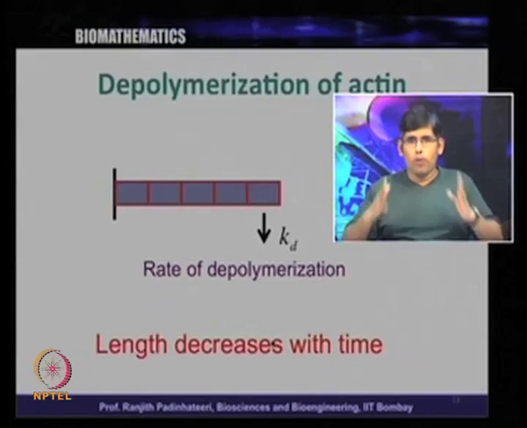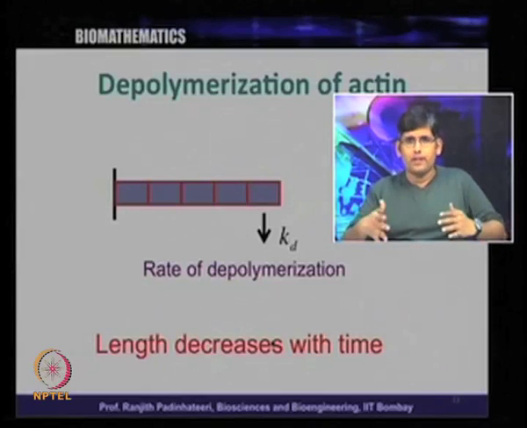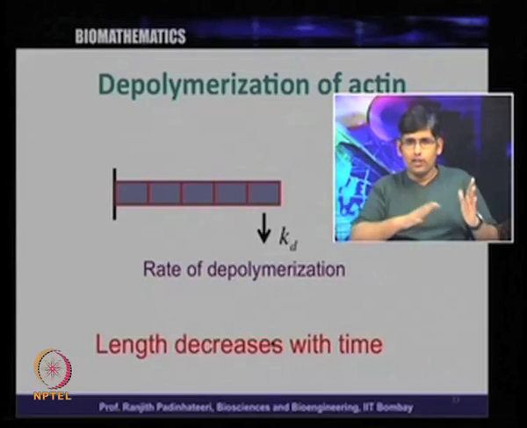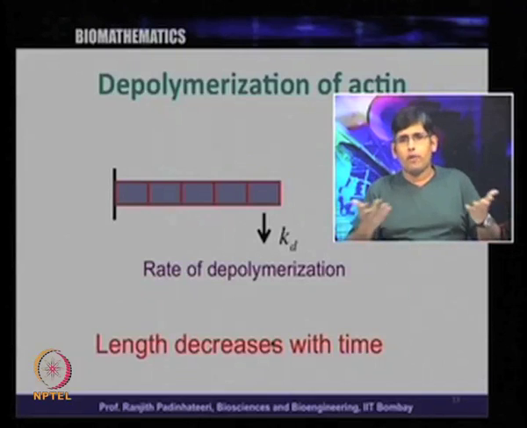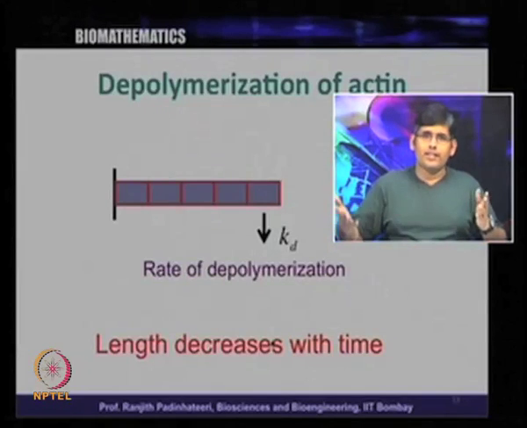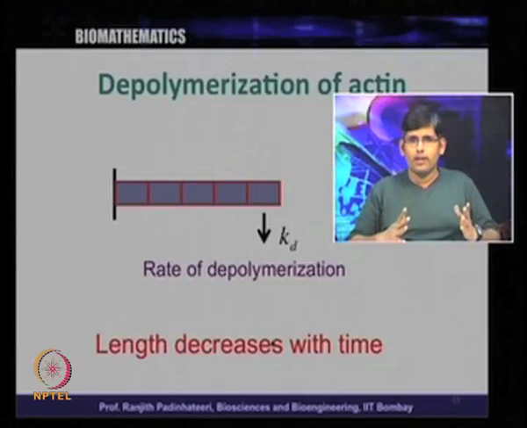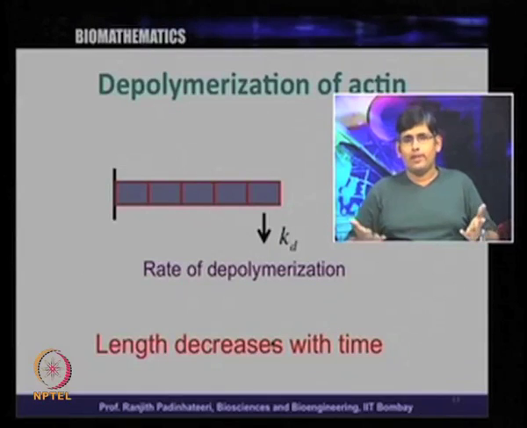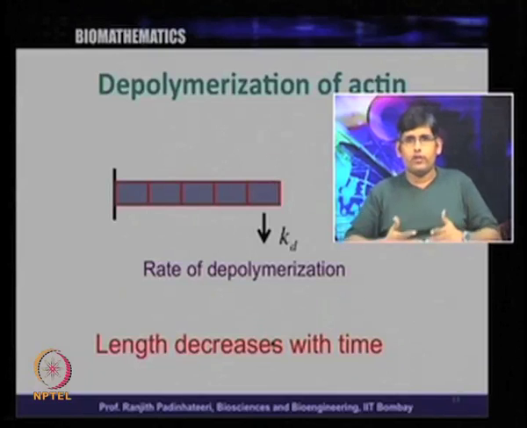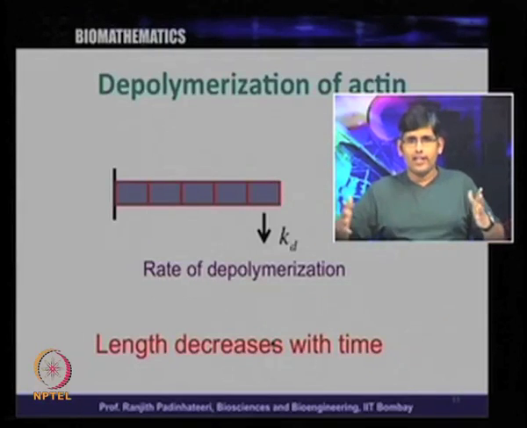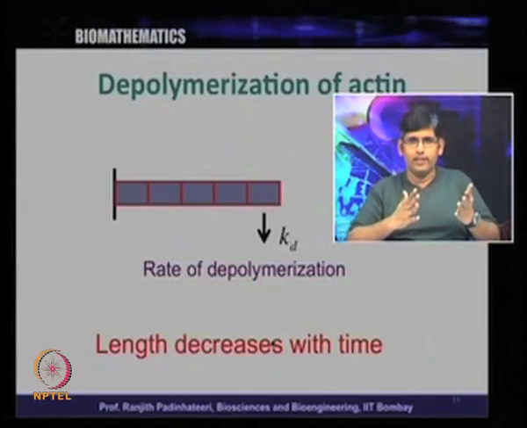So, we have to somehow put in this difference, increase and decrease. They are opposite things. How do we put this mathematically? As you know, we always use positive for increase and negative for decrease.